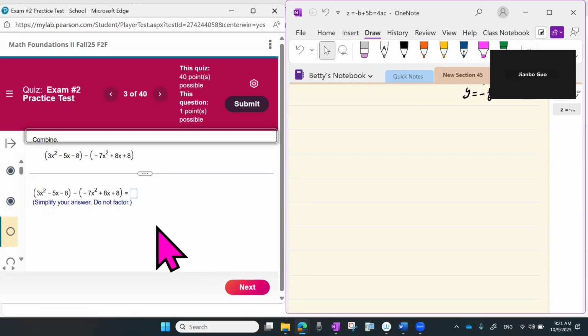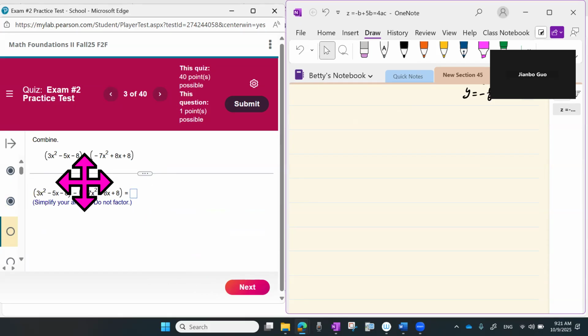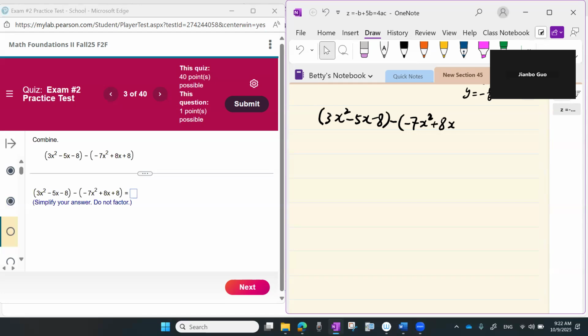Question number 3, we are actually subtracting a polynomial from another polynomial. All right, so we are going to work on this problem here. 3x squared minus 5x minus 8 minus parentheses negative 7x squared plus 8x plus 8.